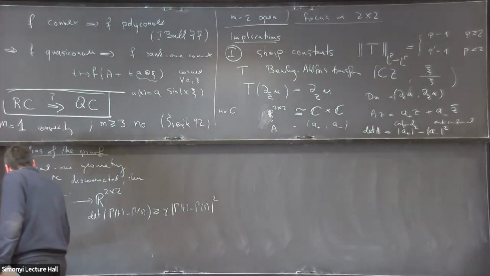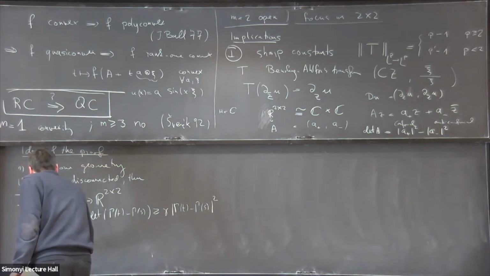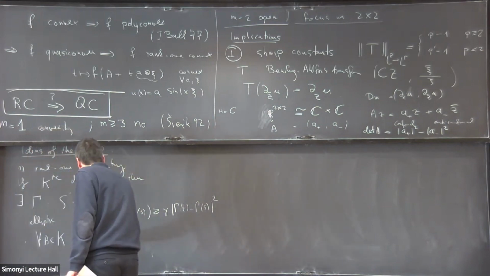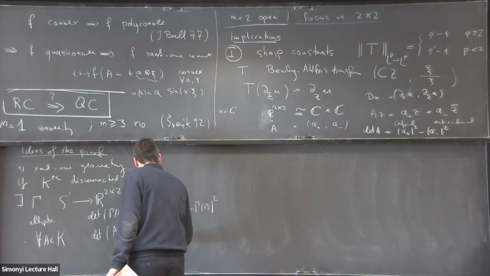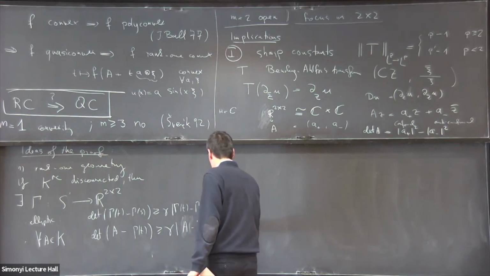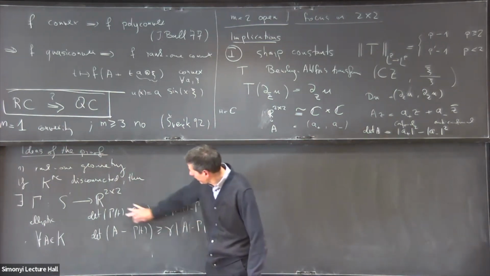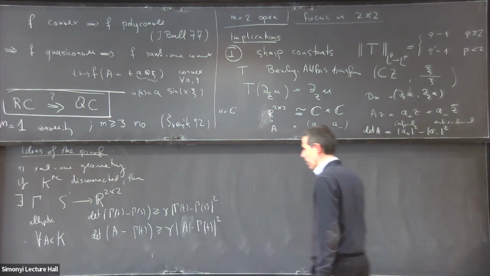And for all elements of the set K, the same thing holds. So the determinant of A minus gamma T is bigger than gamma times A minus T squared. You can say it's a little bit better than just saying the determinant of the shifted matrices is non-negative.